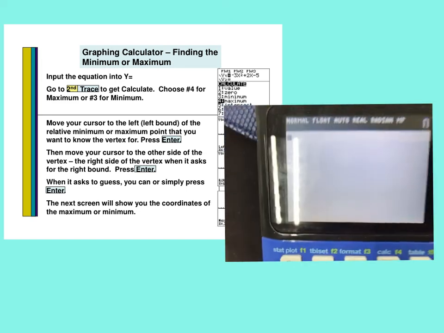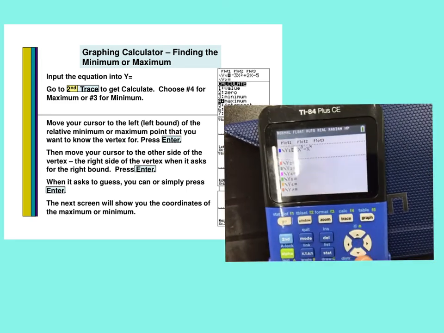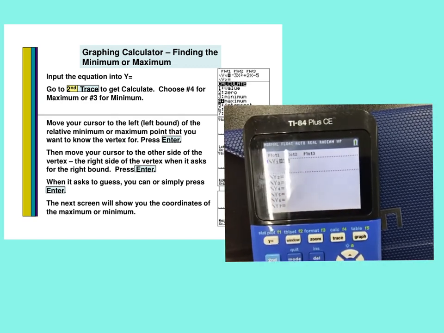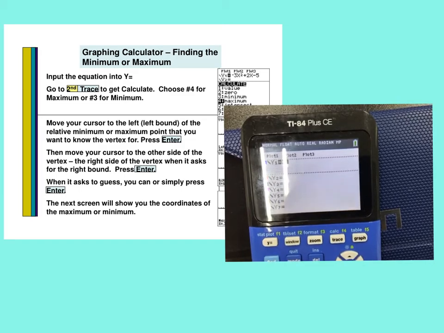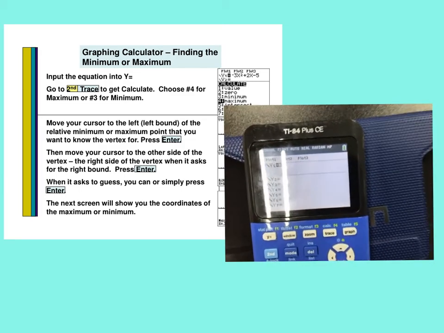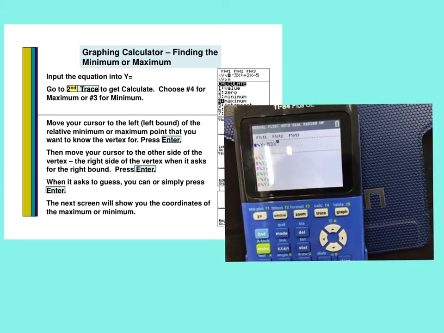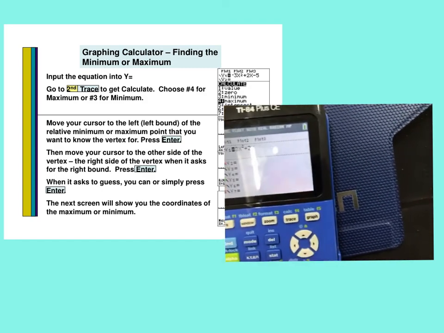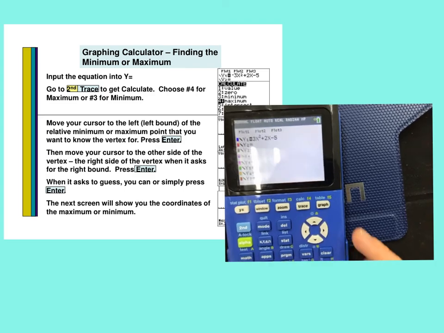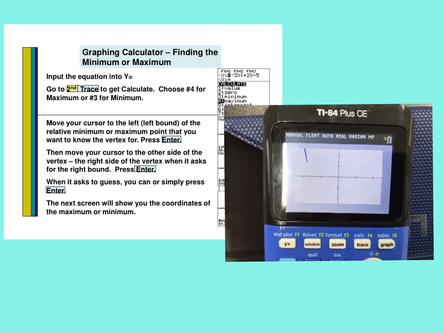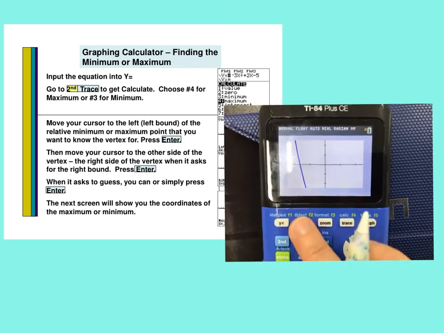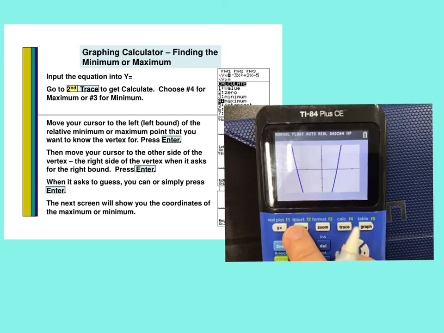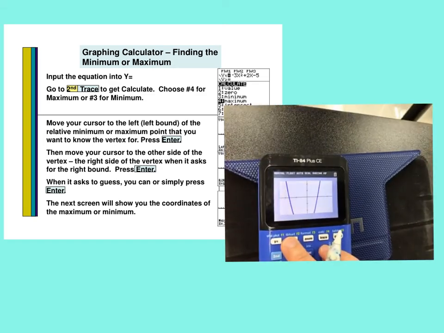If I take that function I just had, y equals negative 3x squared plus 2x plus 5, and I graph this. Oh, my window's so zoomed out. It's negative 3x. Is it? Thank you.